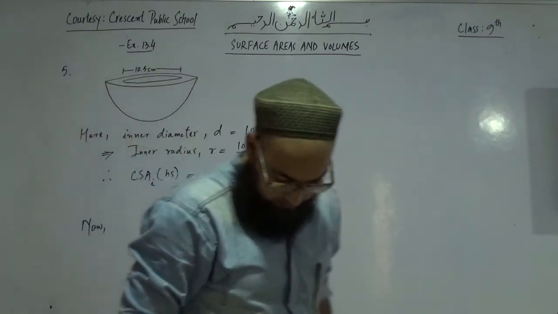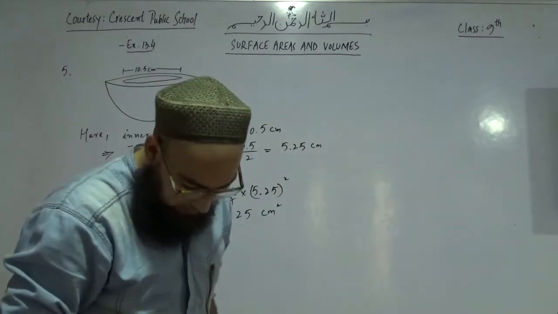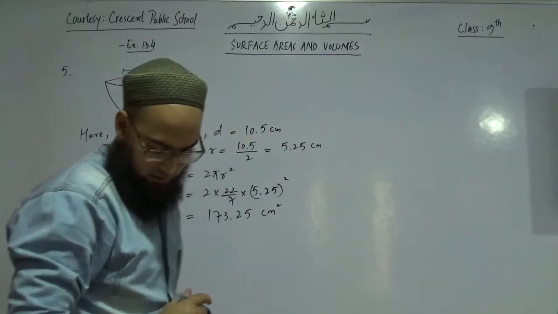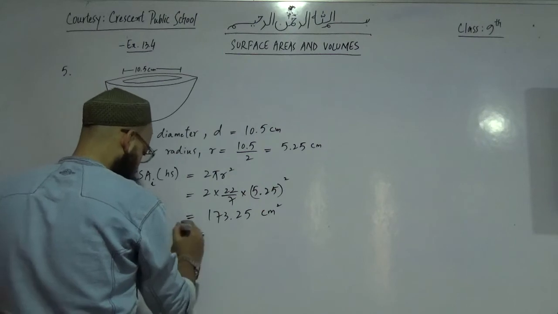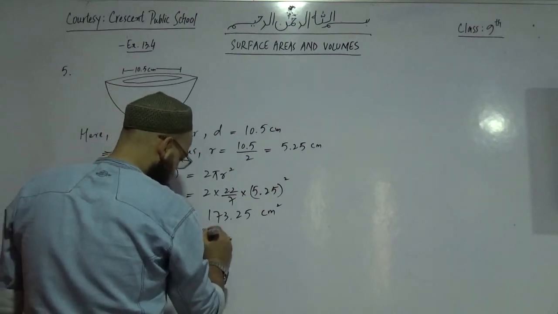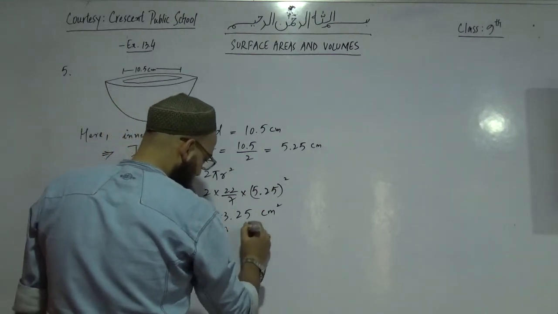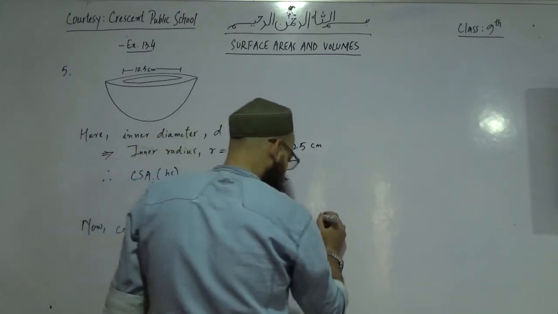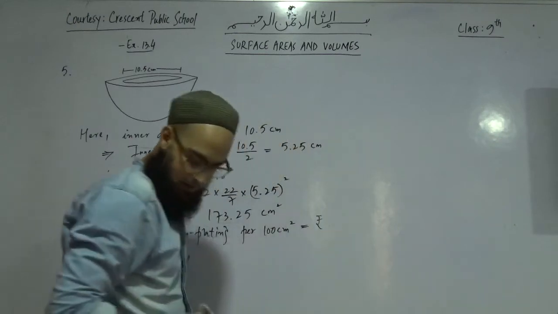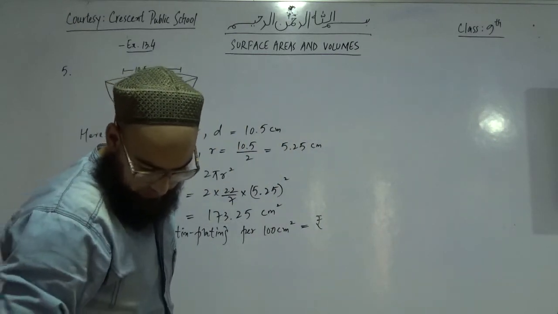Now it says cost of tin plating. Cost of tin plating per 100 square centimeter is equal to rupees 16.